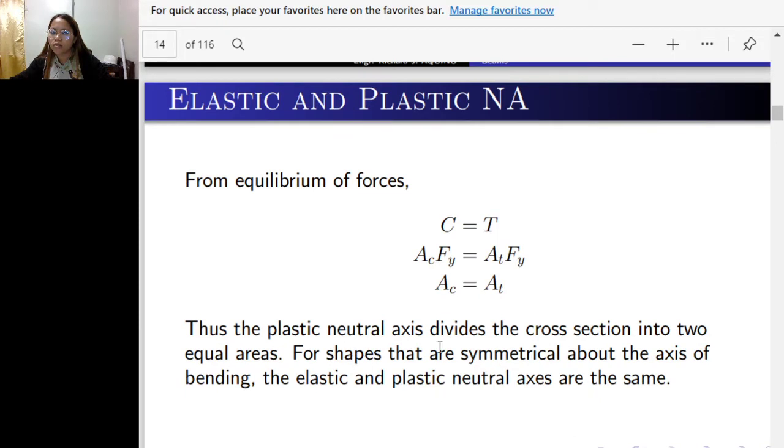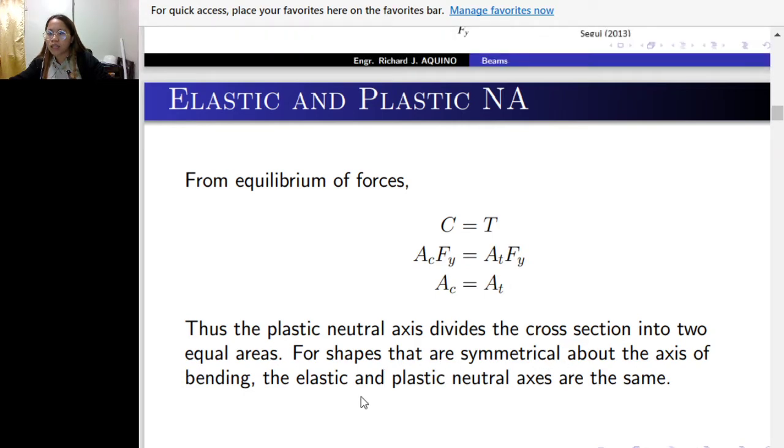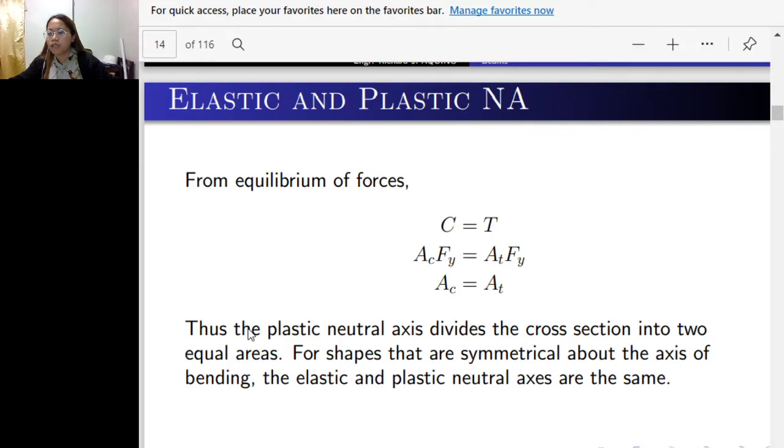Thus the plastic neutral axis divides the cross-section into two equal areas. For shapes that are symmetrical about the axis of bending, the elastic and plastic neutral axes are the same, at the mid-height of the shape.